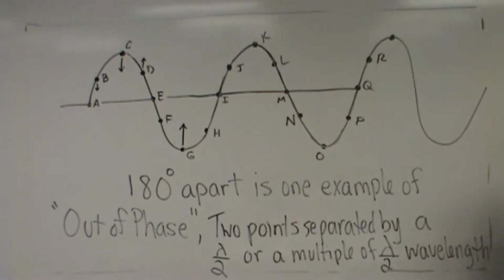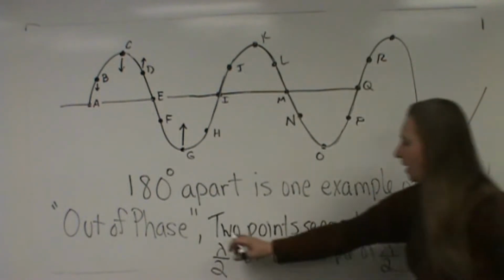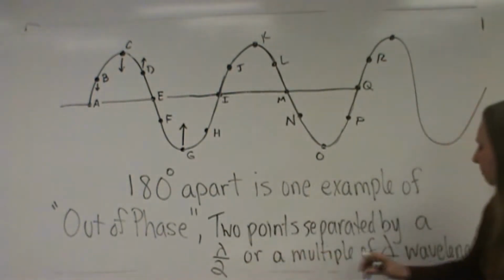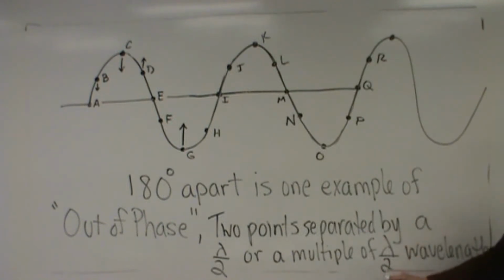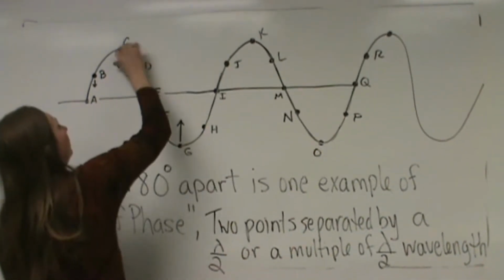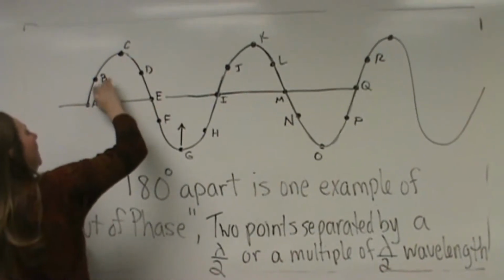Right, out of phase points would be 2 points separated by wavelength over 2, a half a wavelength, or a multiple of a half wavelength, wavelength over 2. Right, so how would that look?